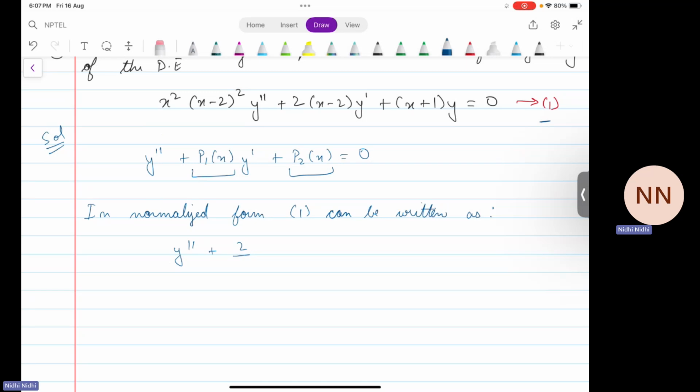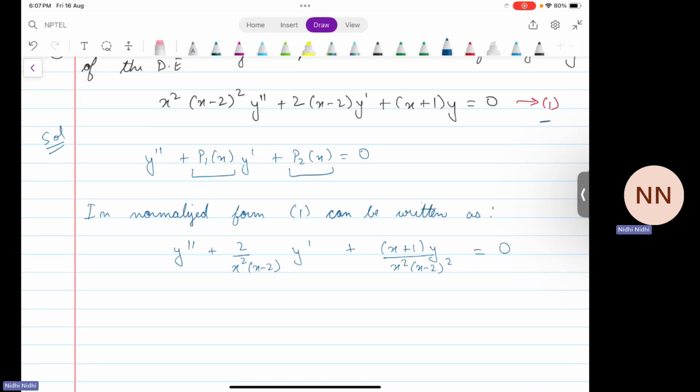Since we already have x minus 2, we are left with 2 x square (x minus 2) y dash, plus (x plus 1) y by x square (x minus 2) square is equal to 0.